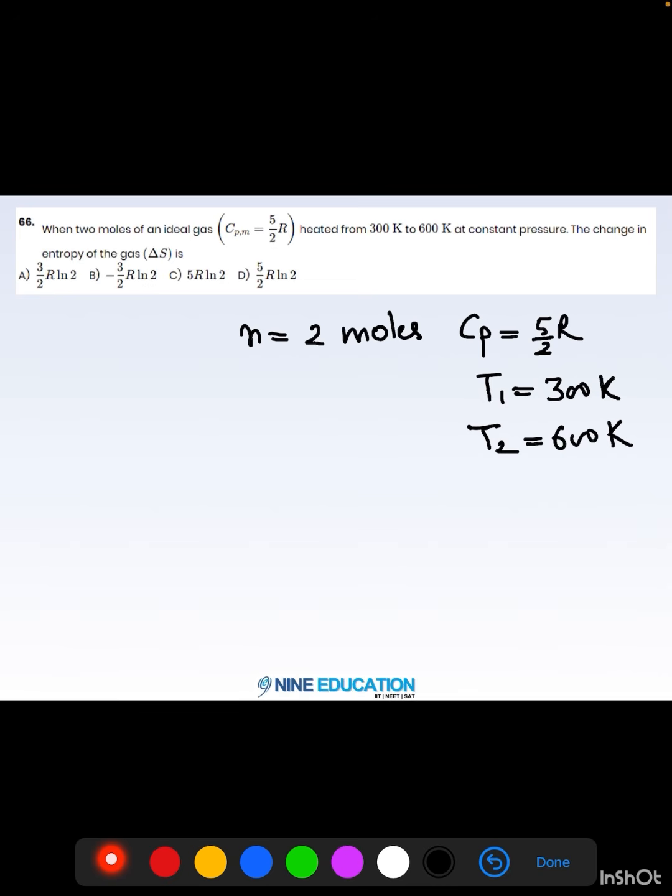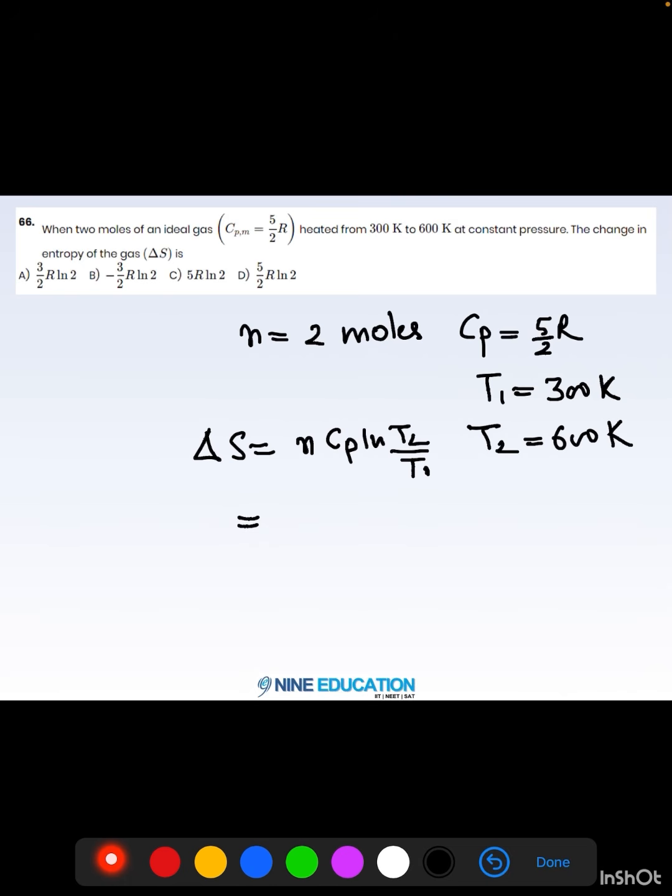At constant pressure we are doing this, and for the change in entropy of the gas, you will be applying the formula delta S, which will be simply equal to what? N Cp ln T2 by T1. We are talking about constant pressure, and the heating is done from T1 300 Kelvin to 600 Kelvin. So the value of N simply will be put in.